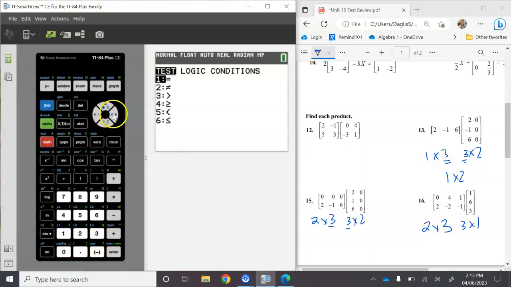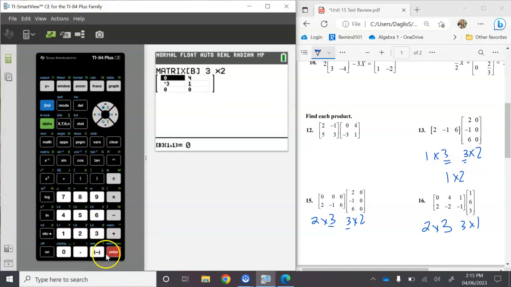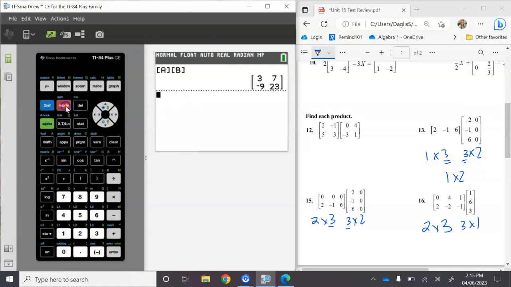My matrix B, going to edit that. This one is a 3 by 2. Our elements are 2, 0, -1, 0, 6, 0. Okay, so now we have a new A and a new B.